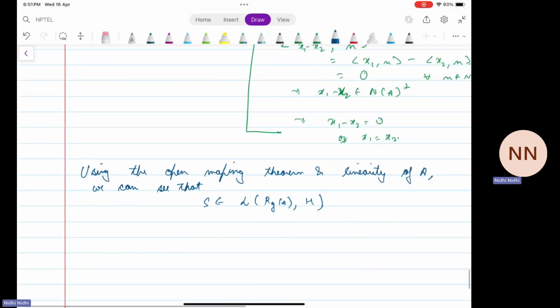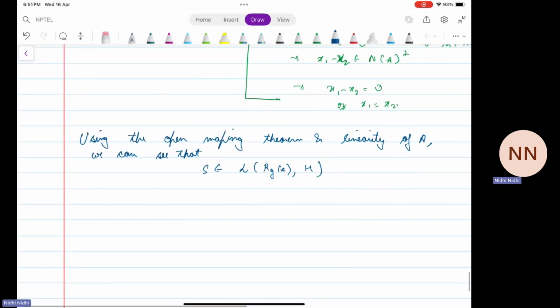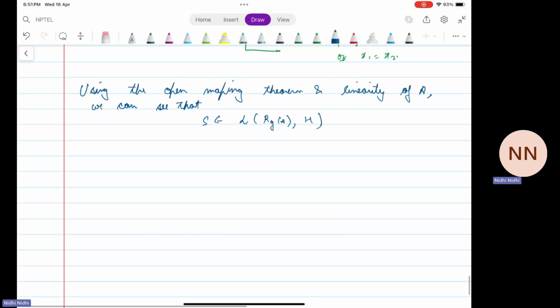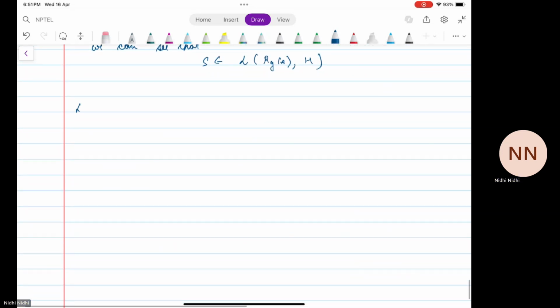Let's do it once again. Let Yn be a sequence in the closed unit ball of R(A).